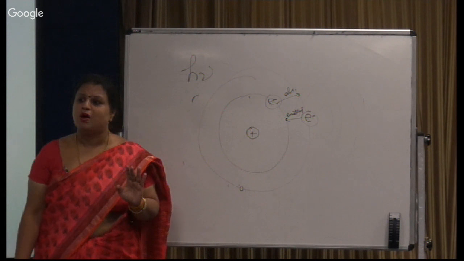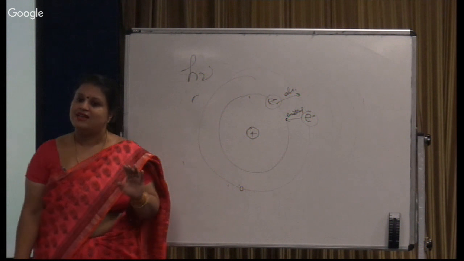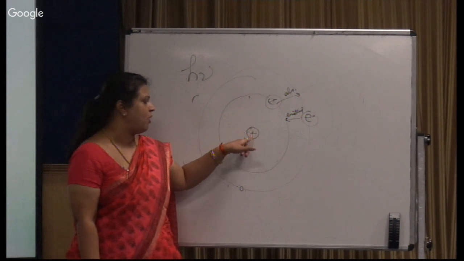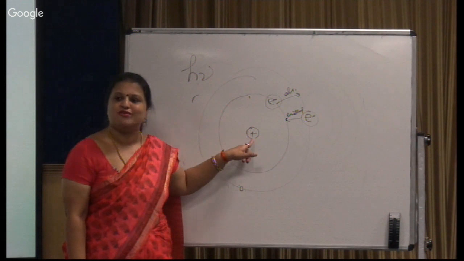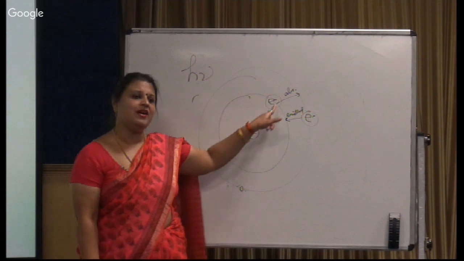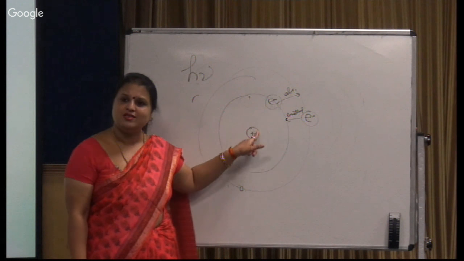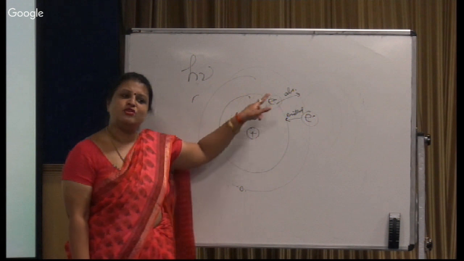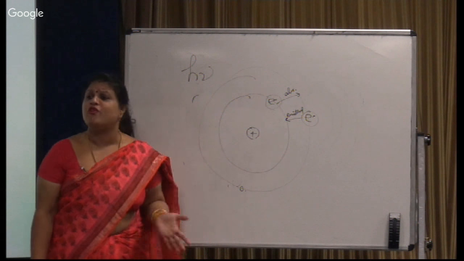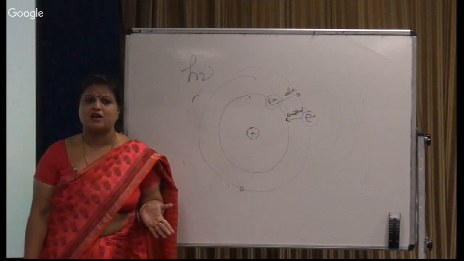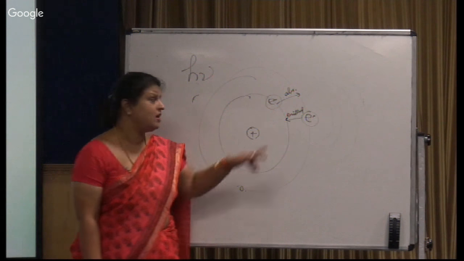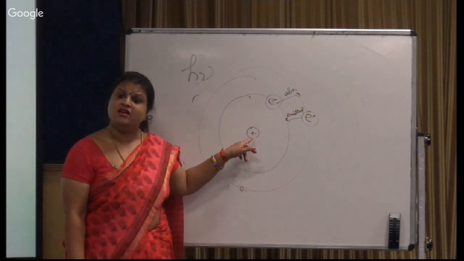Another important postulate that he gave: since the nuclei is positively charged, it will definitely attract the negatively charged electrons. There will be an electrostatic force of attraction, and if there is no force to balance this electrostatic force of attraction, then again the electron will merge with the nuclei.